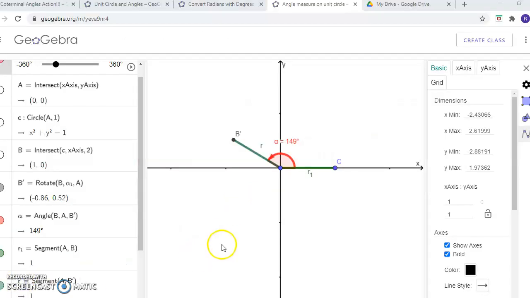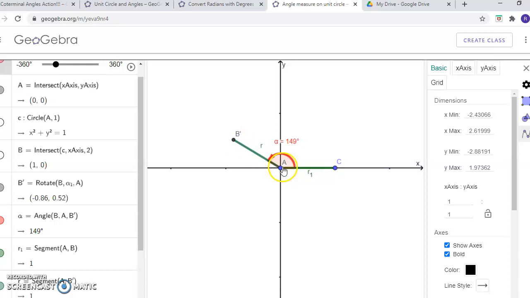To illustrate the angle in standard position, I am using the GeoGebra application. As you can see in the figure, we have an angle C. This one is A, the origin of the xy plane. So we have an angle CAB prime.